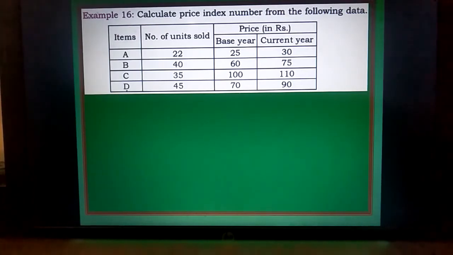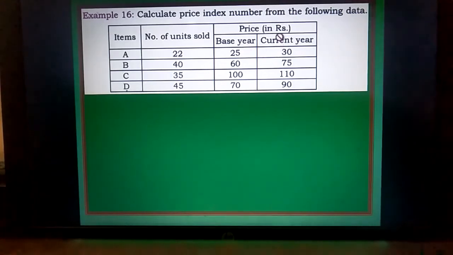This number of units sold which is given is nothing but quantity, as I said. Whether it has been given for a base year or a current year? No, it is fixed. That means it can be written as Q. Base year price and current year price, we can write as P0 and P1.